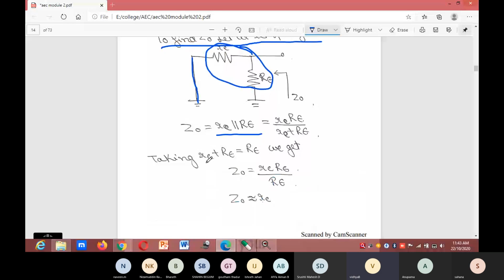Taking re plus capital RE as capital RE, we get Z0 is equal to small re capital RE divided by capital RE. These two get cancelled, so Z0 is equal to small re.